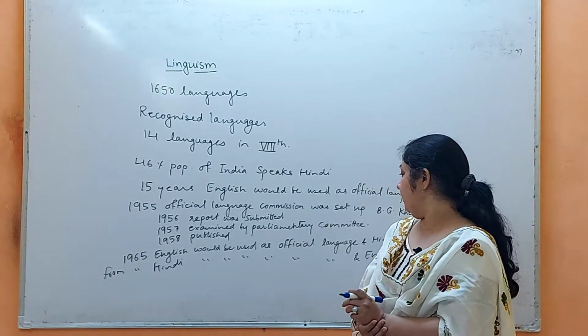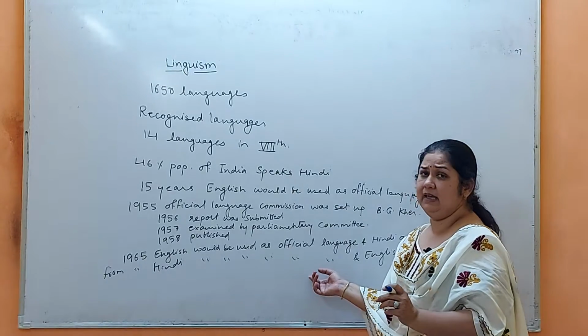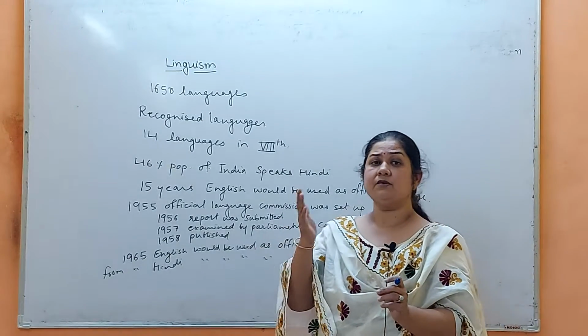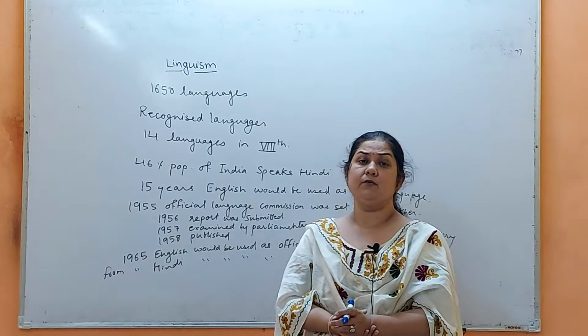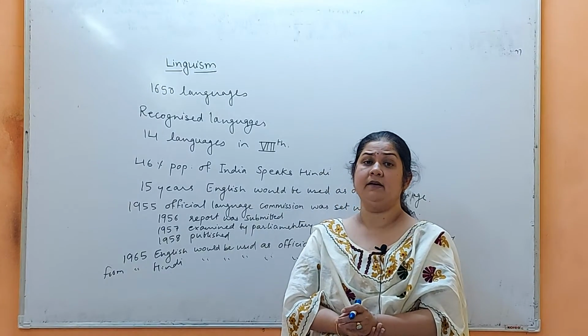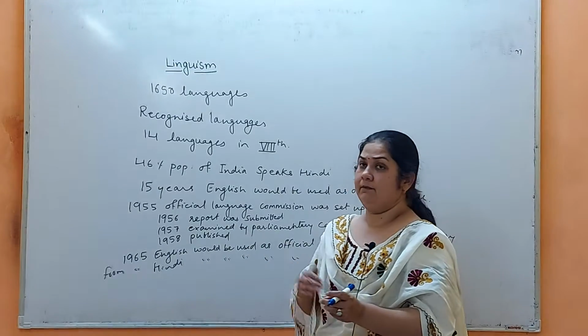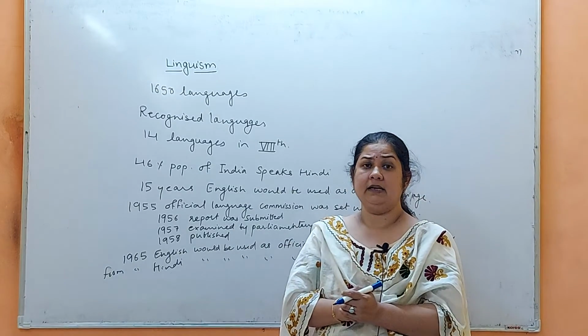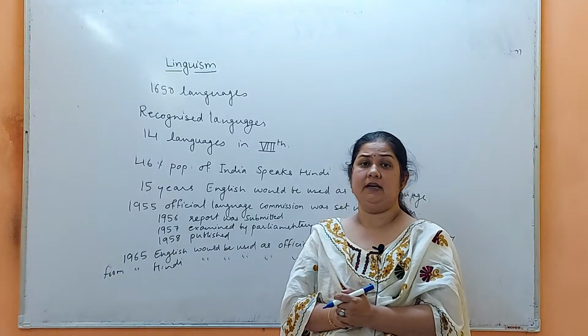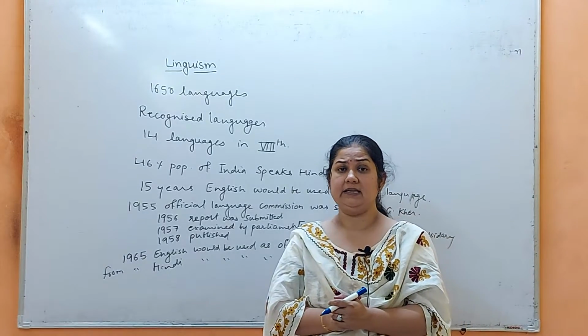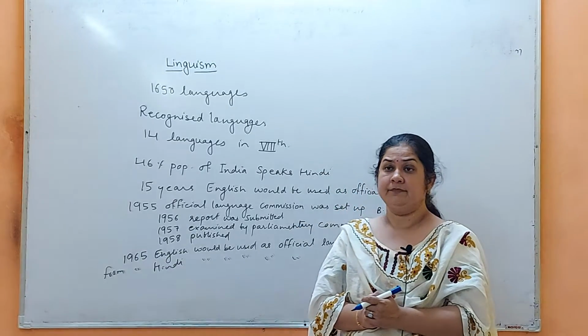So what happened was, from that moment of time, English would be used for indefinite period for official work. Then the protest against English was there in northern India, and several anti-English riots took place there.